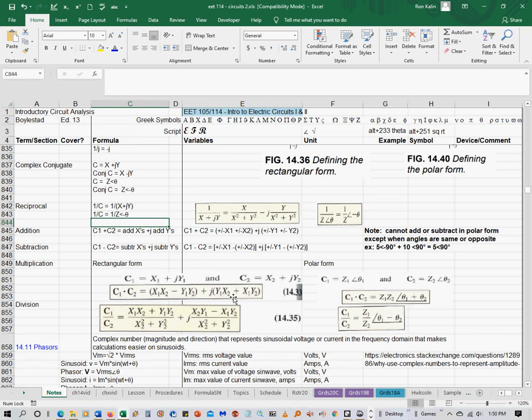You have to use the FOIL method. Actually, I think that shouldn't be a negative in there. That should be a positive y1 times y2 in there. That might be a typo in the book.